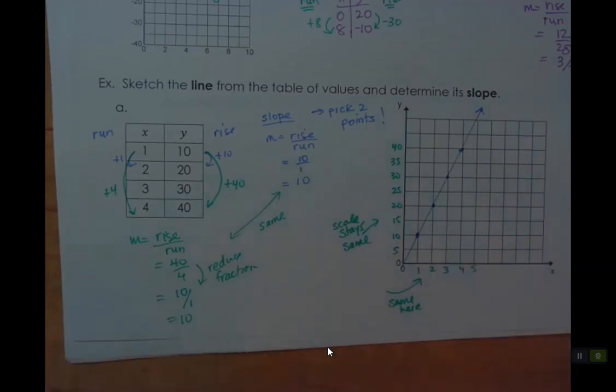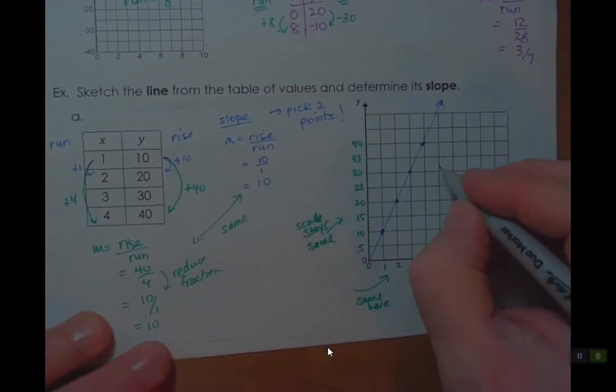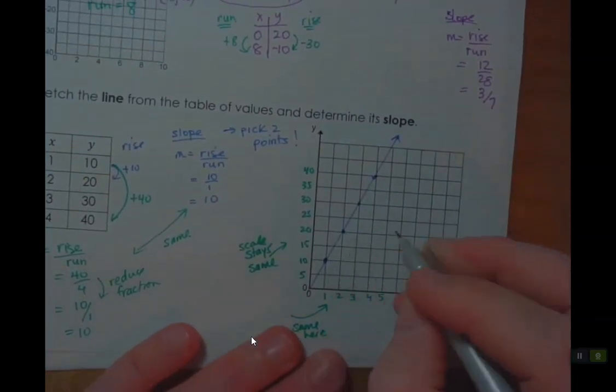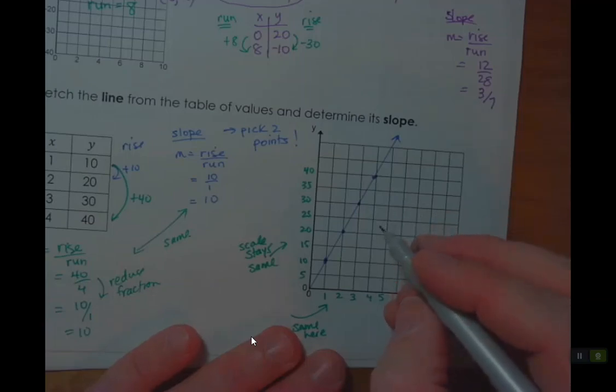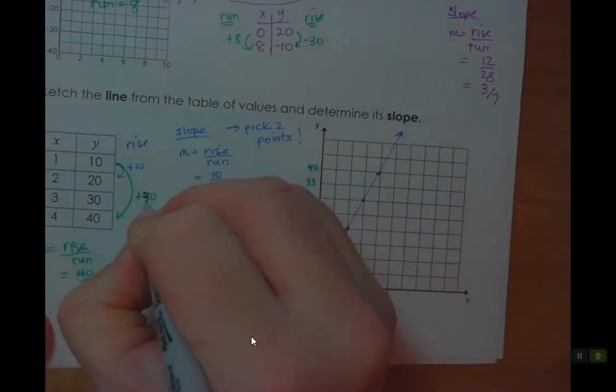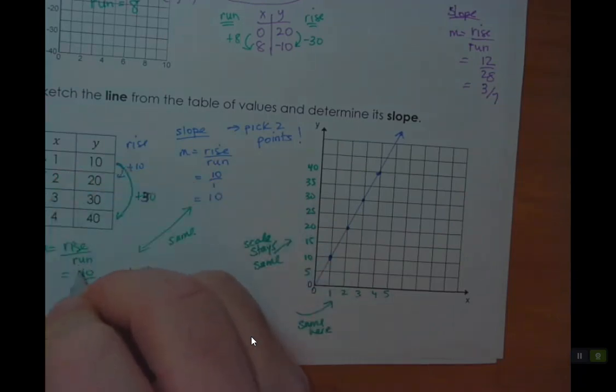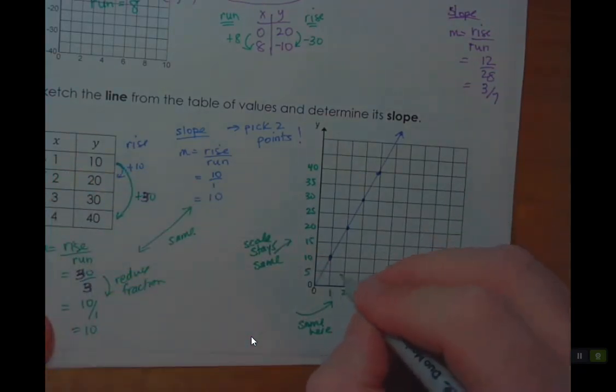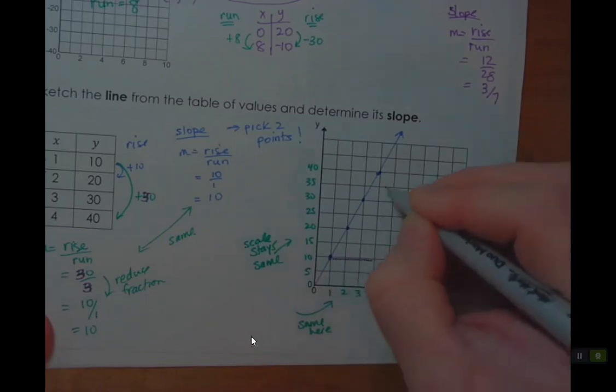Okay? Same thing here. I can do 1 to 4, right? No, I did that wrong. That should have been 30 over 3. My fault. But I could do the same thing here.